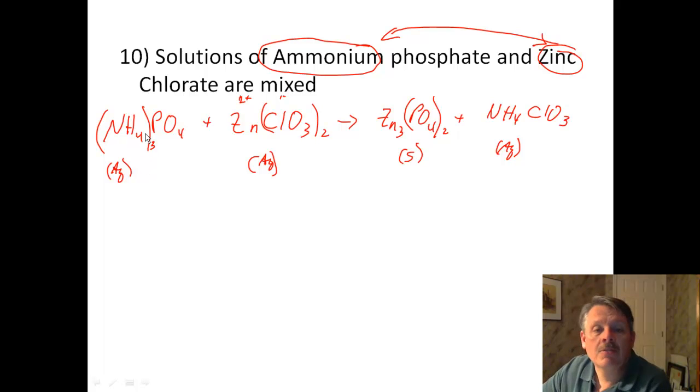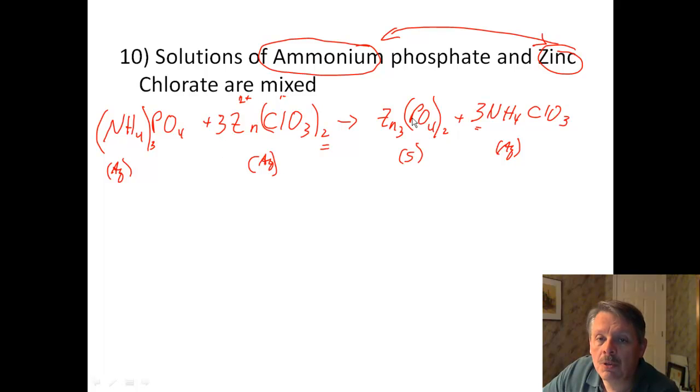So now I have to balance. 3 ammoniums on the left, I have to have 3 ammoniums on the right. 3 chlorates on the right. We have to, oh, yuck, we have to have 6. But wait, no. We have 2 chlorates over here, we have 3 chlorates here. That's not going to work. So we have to have a total of 6.